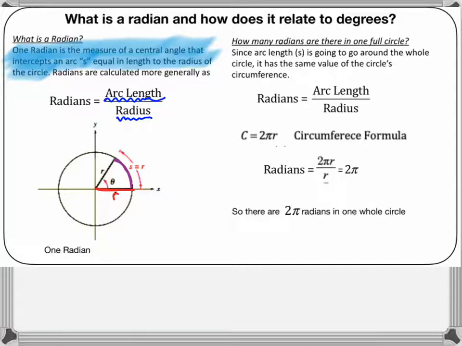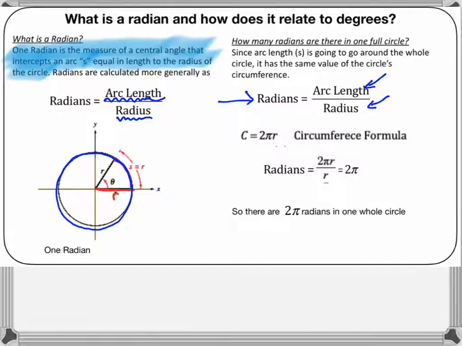We take the definition of a radian, which is the length of the arc, the crust, divided by the radius. And in an entire circle, just like if you had a pizza, it is going to be the circumference. If you just took the crust of your pizza off, that circumference would be, as we learned from other classes, 2 pi r. That'd be the length of that.